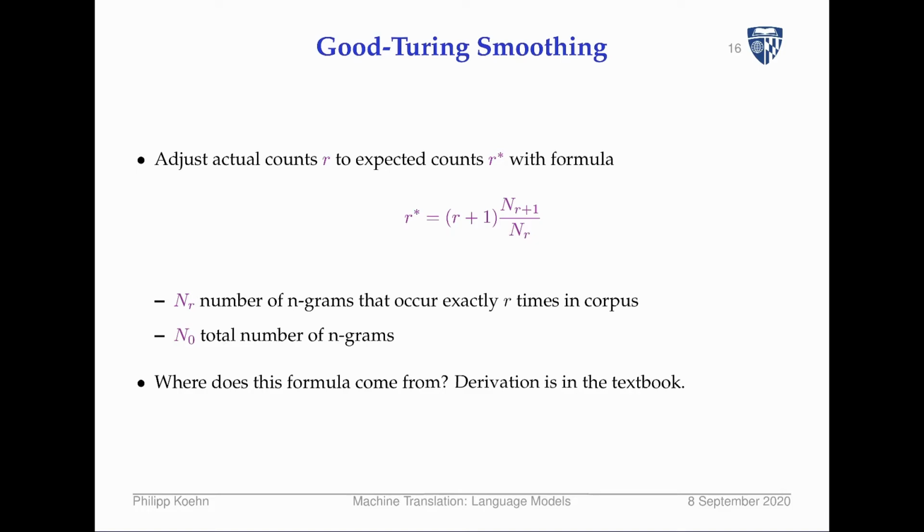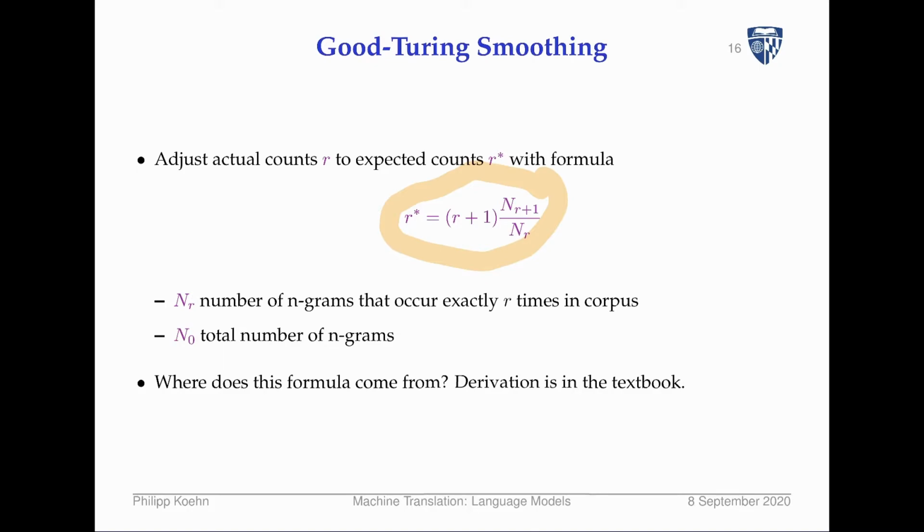Another way to do it is Good-Turing smoothing. It comes up with a magic formula that tells us how we should discount things, and right here in the middle is the magic formula. It operates on these n sub r statistics that we have: how many words or bigrams occur once, how many occur twice, how many occur 3 times.